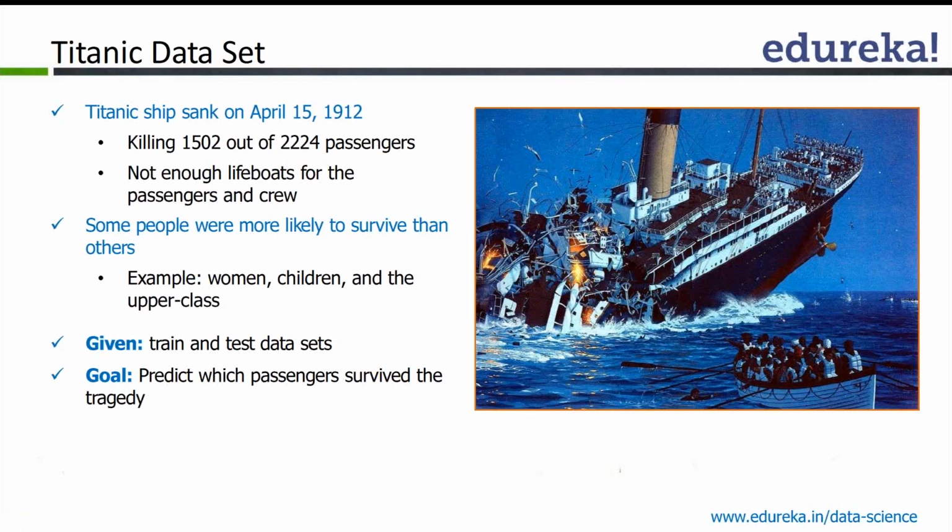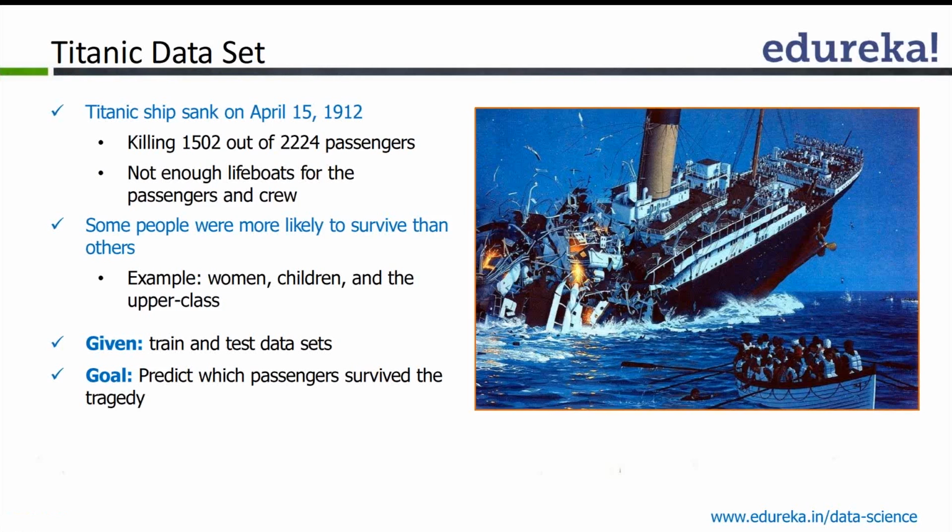In order to do that, we have to create a data set with multiple features in it. There are already some features given to you, like age and gender, but you can also create new features which incorporate the hypotheses that we came up with. If a person is a child, then he has more likelihood to survive than others.